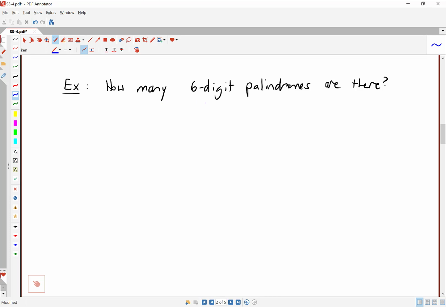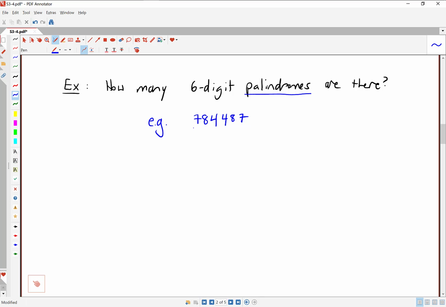So now let's ask, how many 6-digit palindromes are there? Well, first thing we should do is talk about this word palindrome. A palindrome is a word or a number that reads the same forwards as backwards. So if we're talking about 6-digit palindromes, an example would be something like 784487.